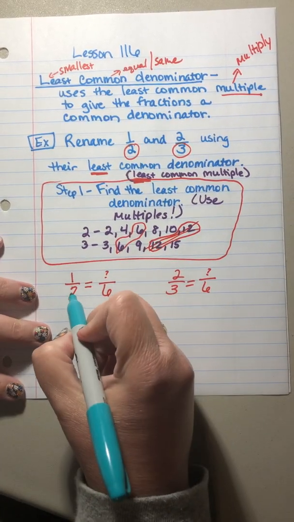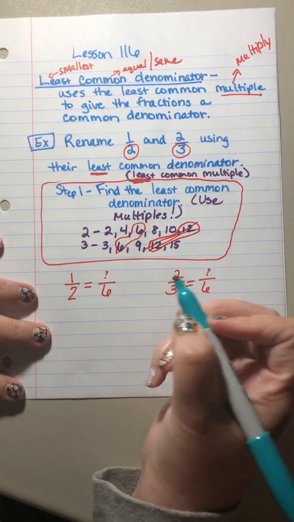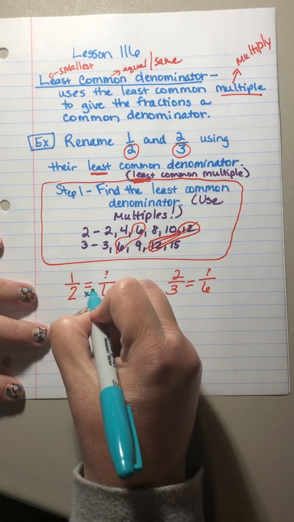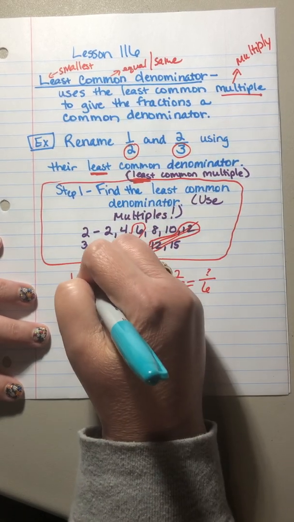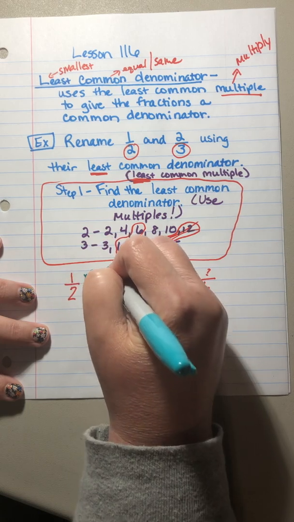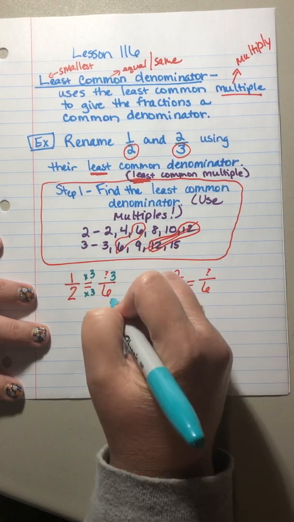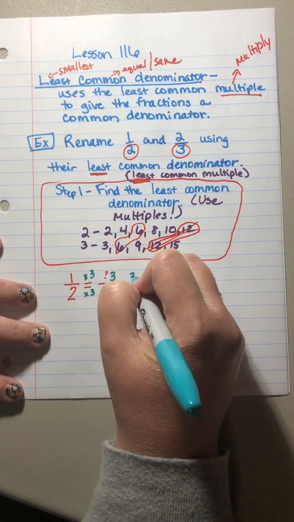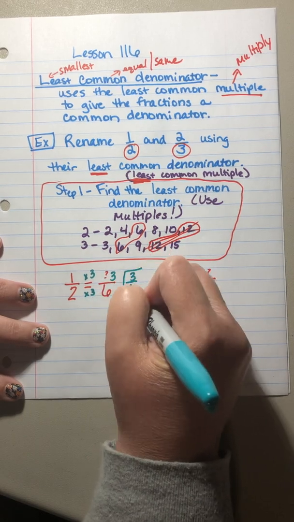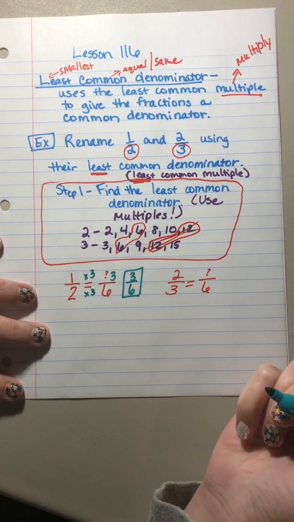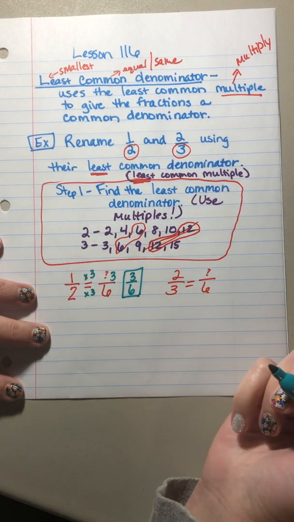2 times some number will give me 6. I know that number has to be 3. And 1 times 3 will give me 3. So 1/2 gets rewritten, or renamed, as 3/6.